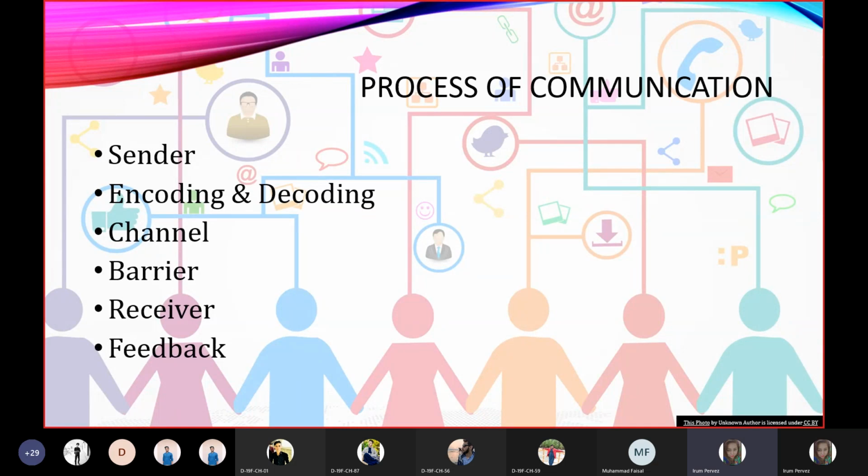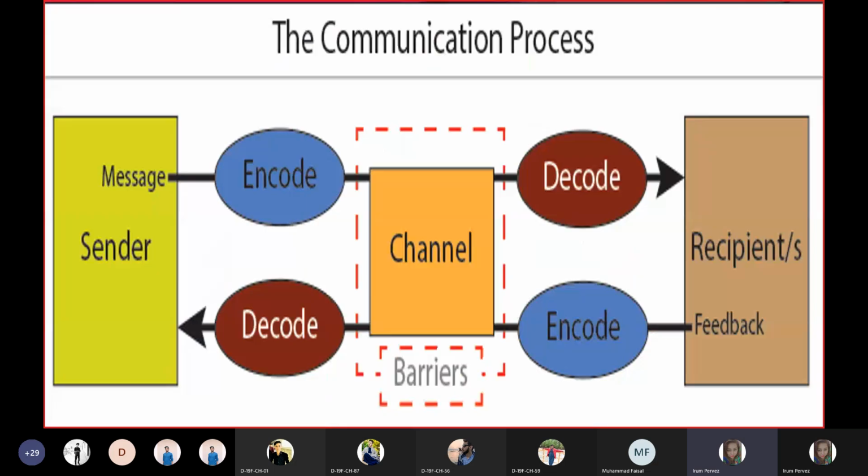So I hope everybody is clear with all these terms. Now let's understand how the communication process works, right? First of all, we have a sender. The sender wants to send a message, so the sender will encode the message and then select an appropriate channel.